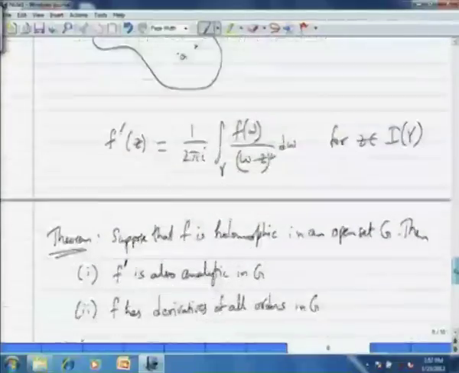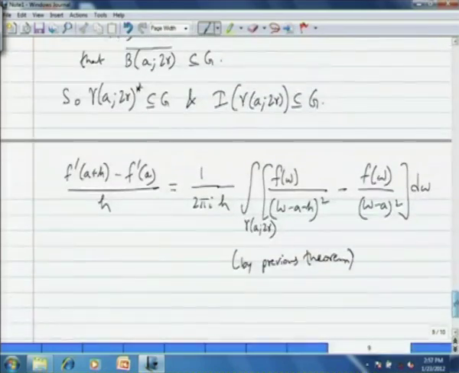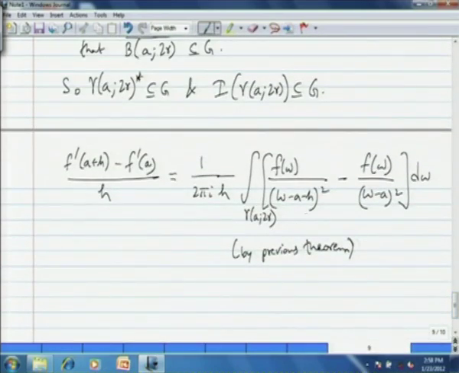Notice that we restated it here shortly. Z can be any point in the interior of the simple closed curve gamma. Here, instead of Z I have A plus H once, and then I have A for the second instance of this formula.